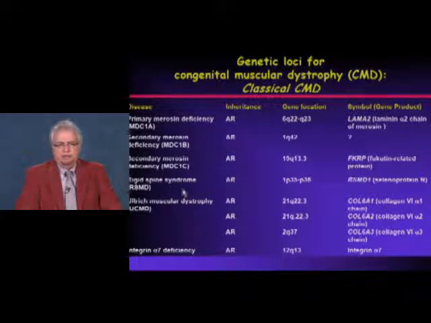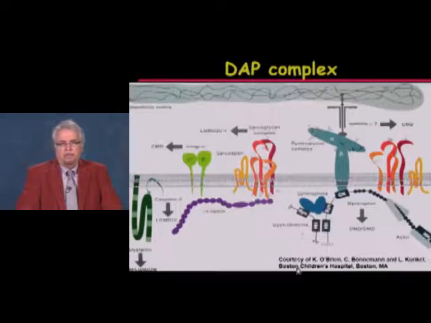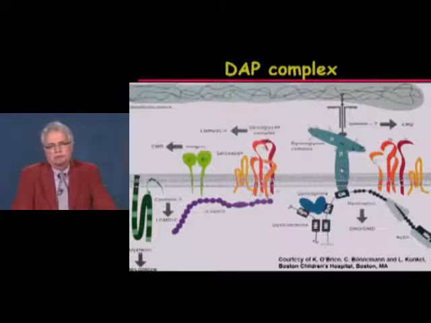Rigid spine syndrome is a type of congenital muscular dystrophy with significant involvement of the axial muscles, resulting in scoliosis, in addition to weakness and respiratory failure. So we're talking about merosin: any laminin molecule that includes an alpha-2 chain can be called merosin.